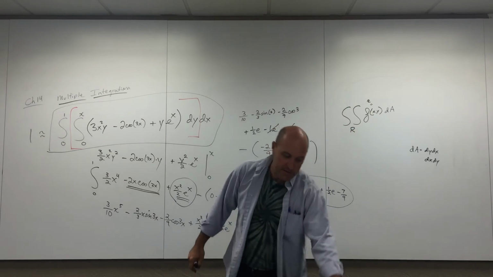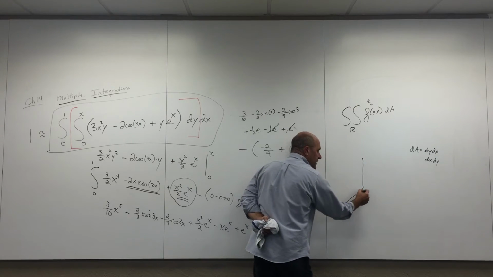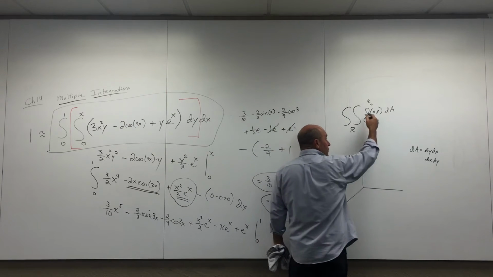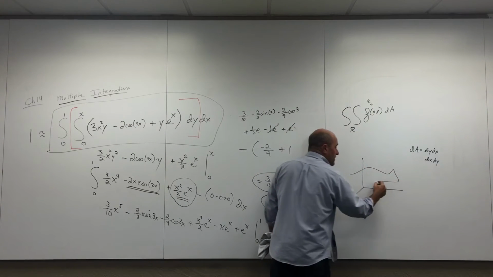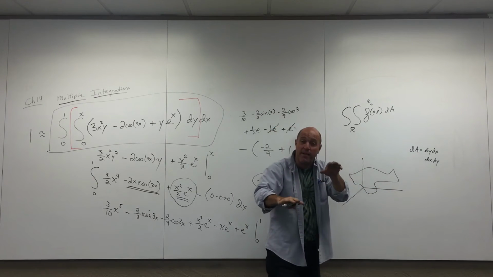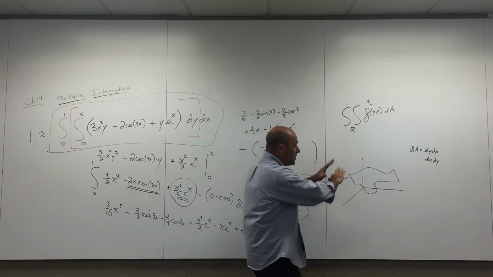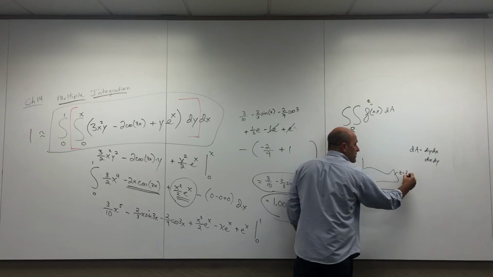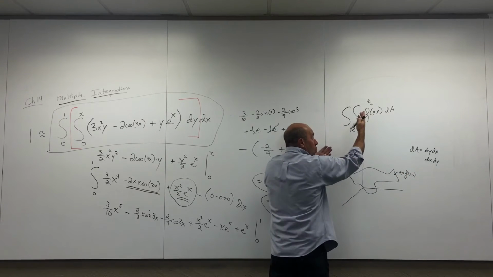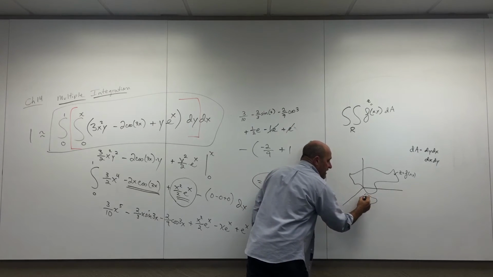Let me try to illustrate this, sort of abstractly here, if you don't mind. I'm not going to specifically draw this function. But abstractly, what we have is a 3D surface of some sort living up above the xy plane, and that's not necessarily true. It could be below the xy plane or partially above and partially below, but for purposes of this illustration, we're integrating some surface, z equals f of xy, over some region in the xy plane.